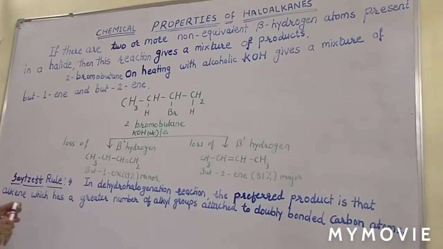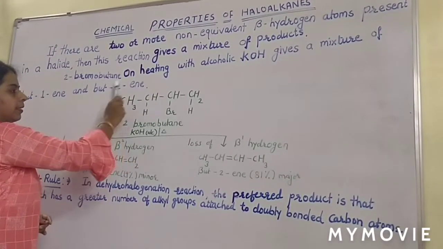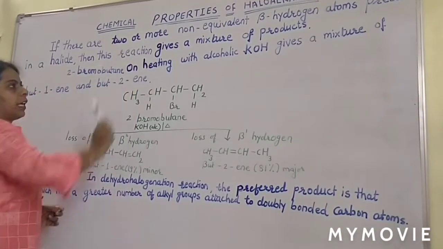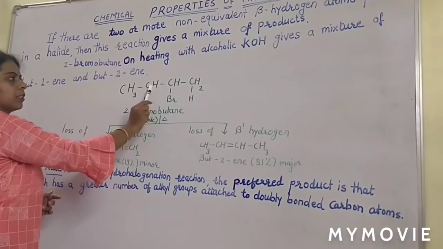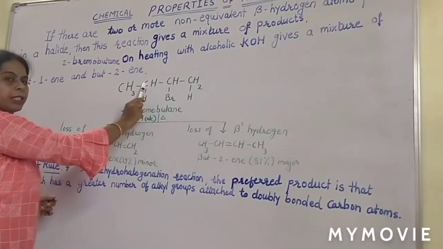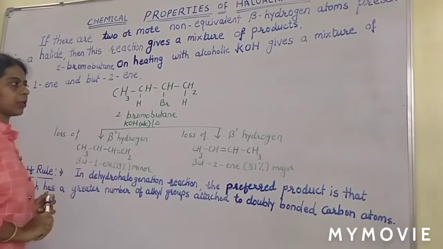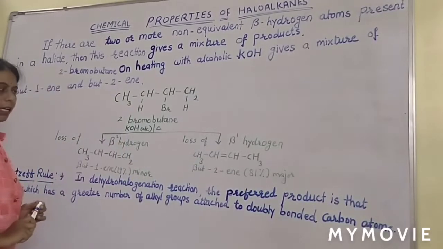If two or more non-equivalent hydrogen atoms are present in a halide, then this reaction gives a mixture of products. Now we'll see, this is the haloalkane, means alkyl halide. Here two or more non-equivalent hydrogen atoms are present. This is the alpha carbon atom and this is the beta carbon atom. Here also a hydrogen atom is present on the beta carbon atom, and on the right hand side also a hydrogen atom is present on the beta carbon atom.